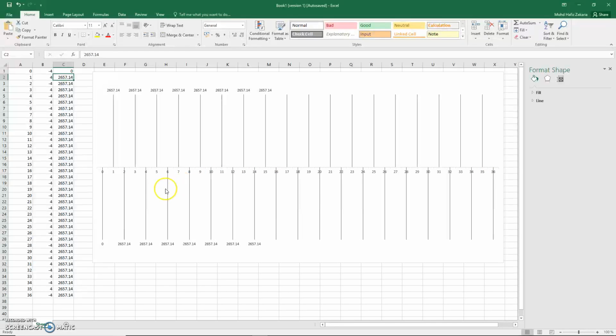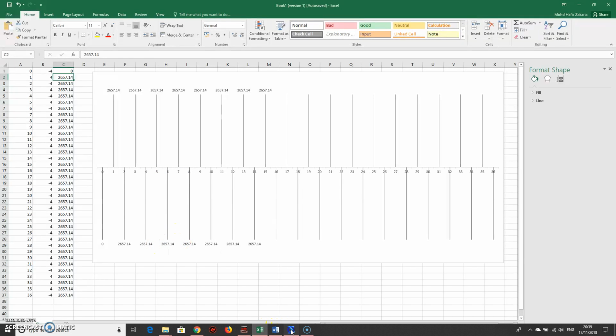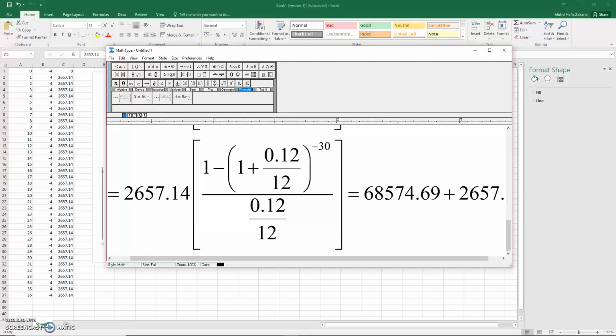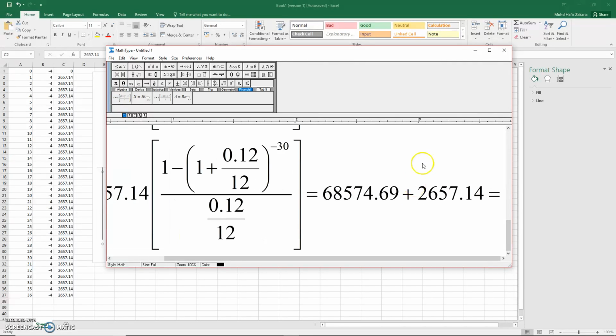But the payment is still to be made at the sixth payment, so we need to add the R for the sixth payment, which is plus 2657.14.